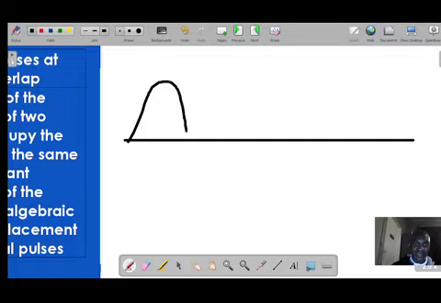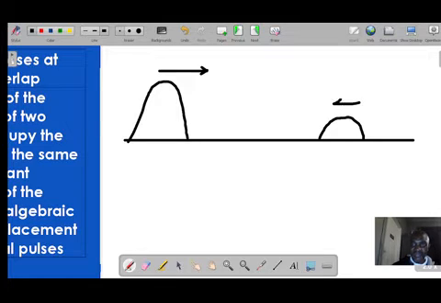Let me say this pulse is moving to the right, as in its direction is moving to the right. If I have another pulse from the other side, going from the right to the left, for example here, this one is moving to the left.